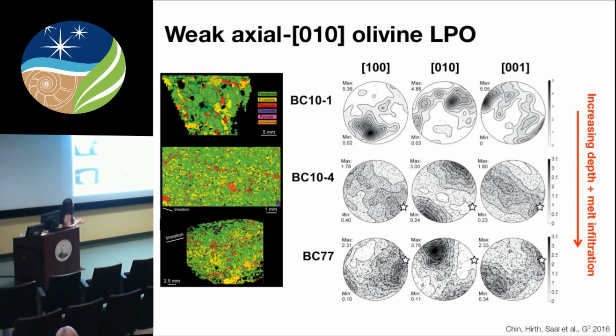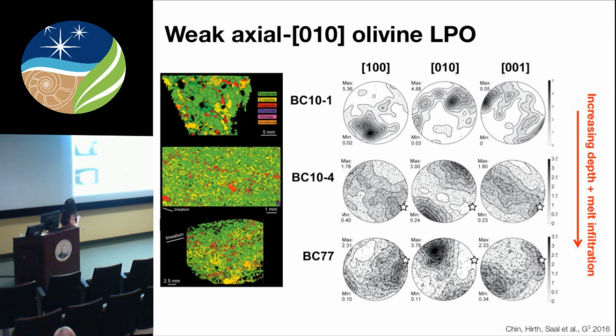So what we found is when we looked at the olivine fabric, so this is again those SEM maps, in each of these maps we took a very small spot size, at 7 micron step sizes, and we collected both a compositional data point and a crystallographic orientation data point. So these maps yield a wealth of information where you get both the composition and the crystallographic orientation of each of those minerals at each step.